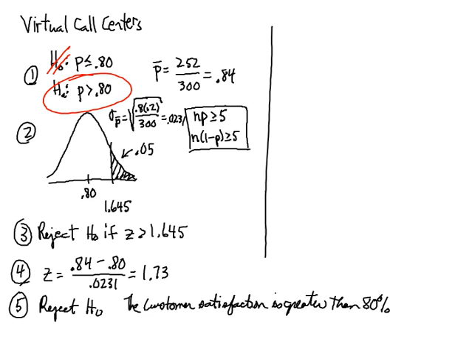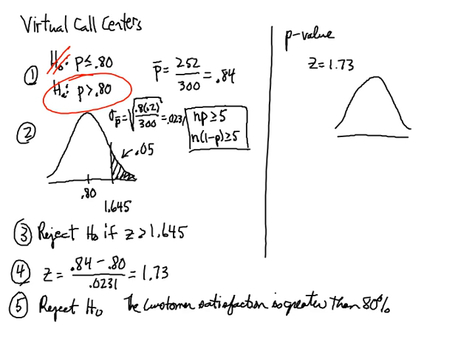Now, we could also run this test using a p-value. And I'm going to use my z-test statistic of 1.73 and look that up in the z-table. As you look that up, of course, you will be looking at the normal table, the standard normal table with positive z-values, and I'll go down to row 1.7 and then over across to column 0.03, so I get 0.9582.